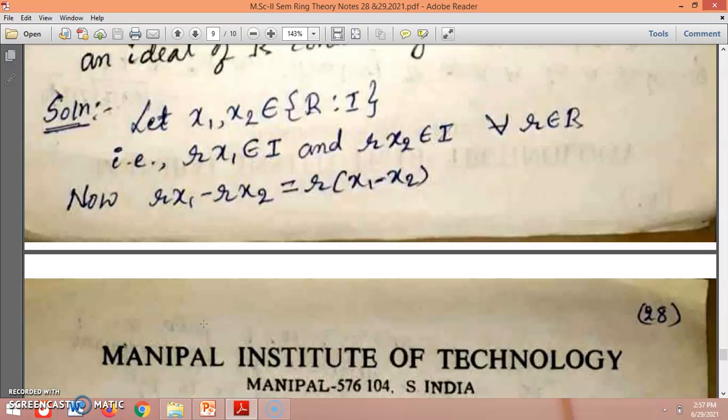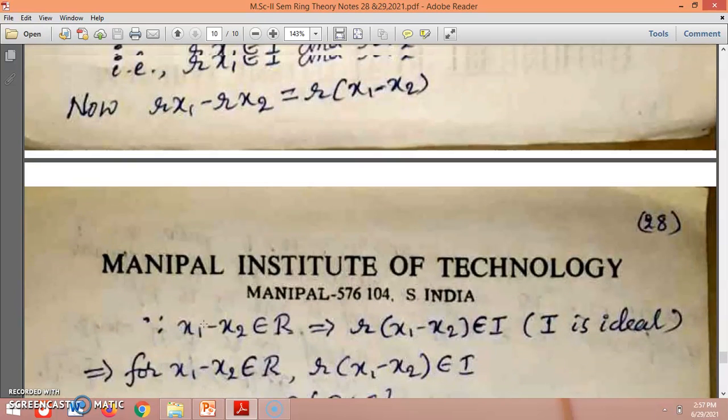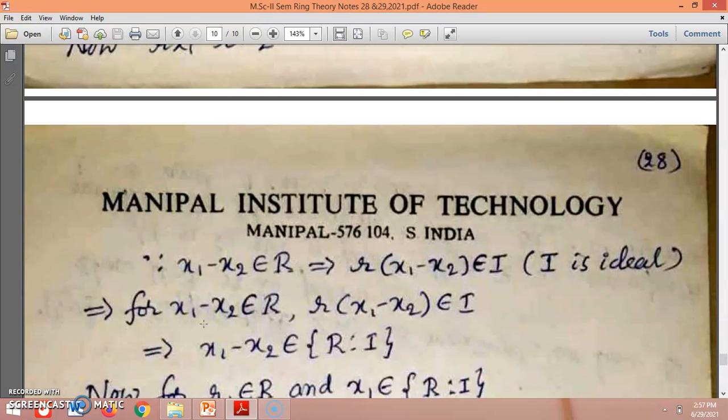So for the first property of an ideal, rx1 minus rx2, which we can also write as r into (x1 minus x2). Since the property holds under addition in R, it holds in the ideal also.